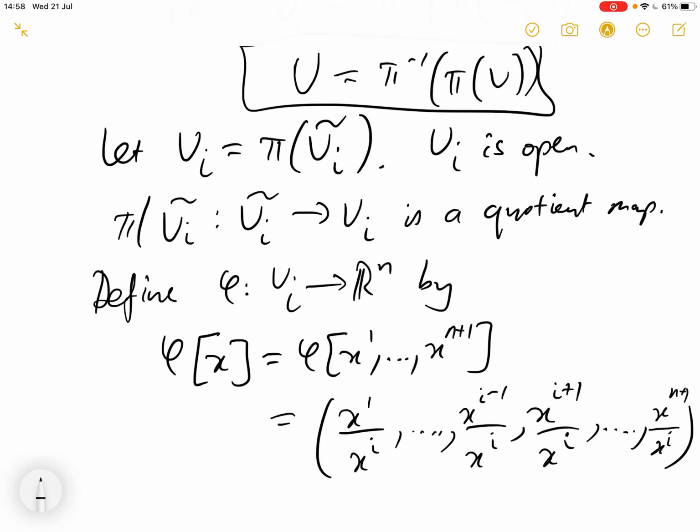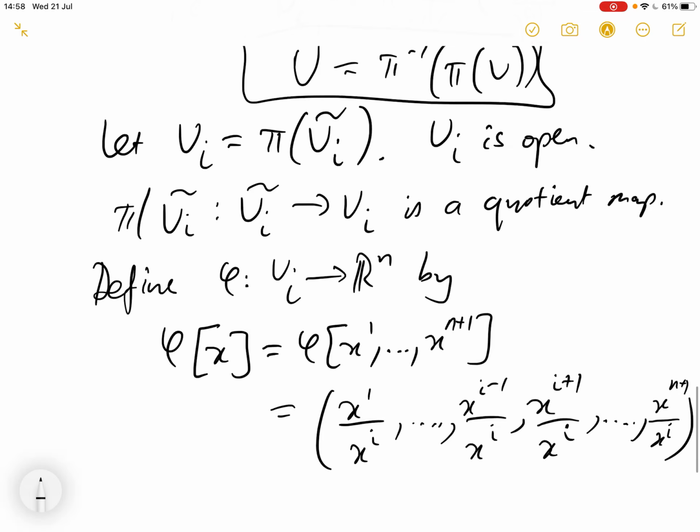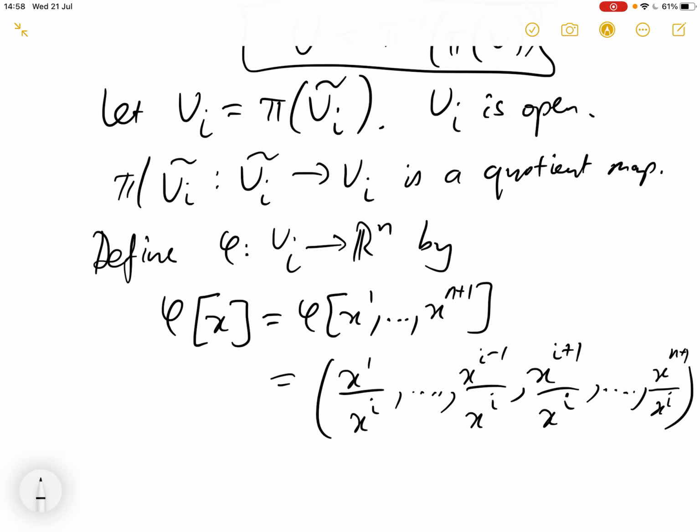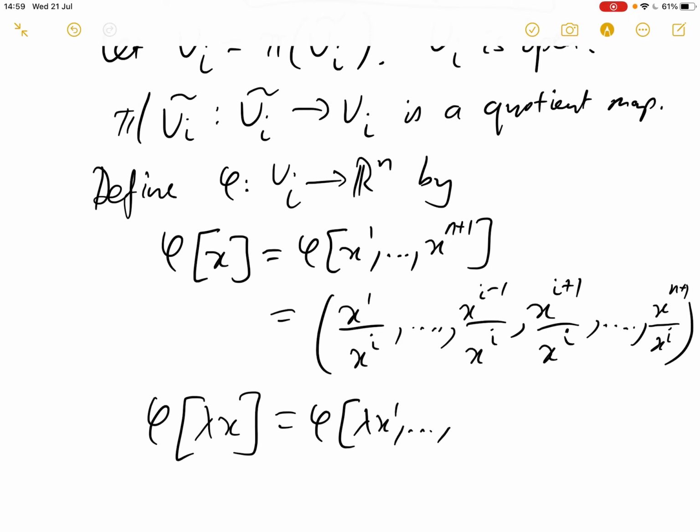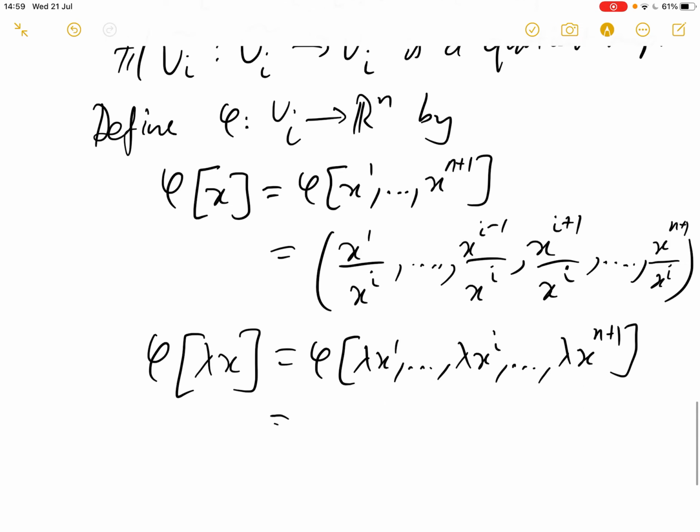And we should check this is well defined. That is, we should check that something else in the same equivalence class has the same image. If we replace x by something else in the same equivalence class, something of the form lambda x, where lambda is a non-zero constant, then we'll get exactly the same thing, because we'll have lambda x_1 up to lambda x_(n+1), and the lambdas are going to cancel out.